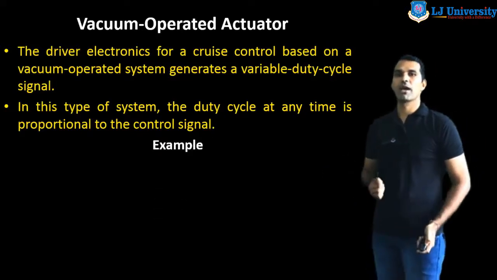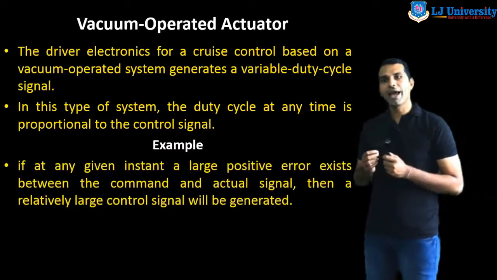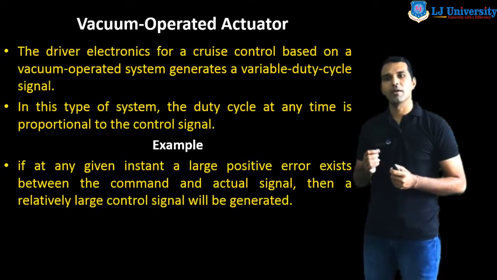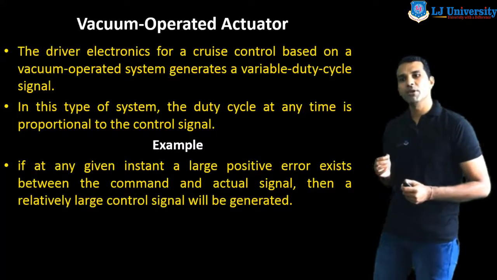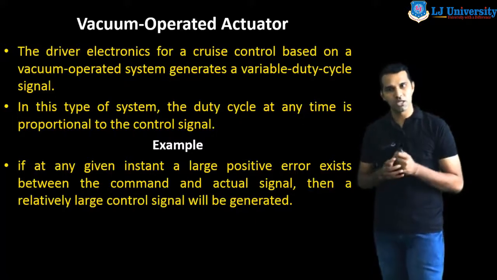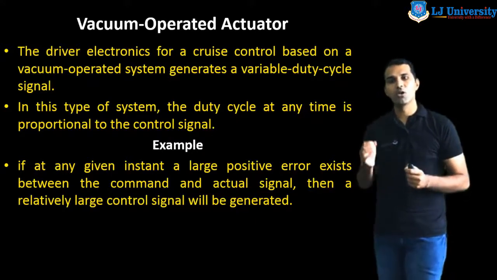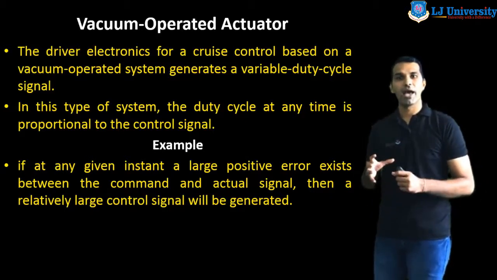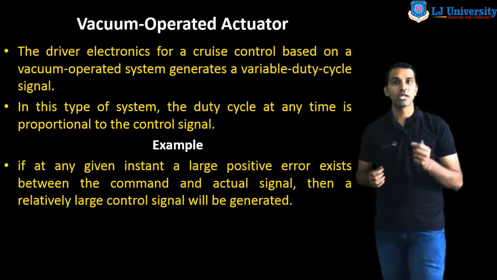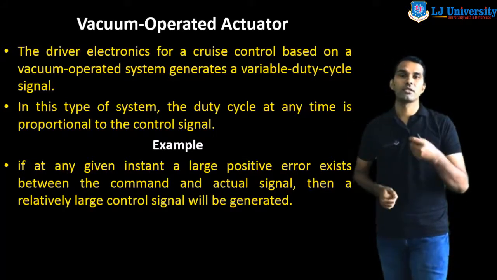We understand this with an example. If at any given instant a large positive error exists between the command and the actual signal, then a relatively large control signal will be generated. That means if the error is more, then the duty cycle percentage is more, and a large control signal is generated.